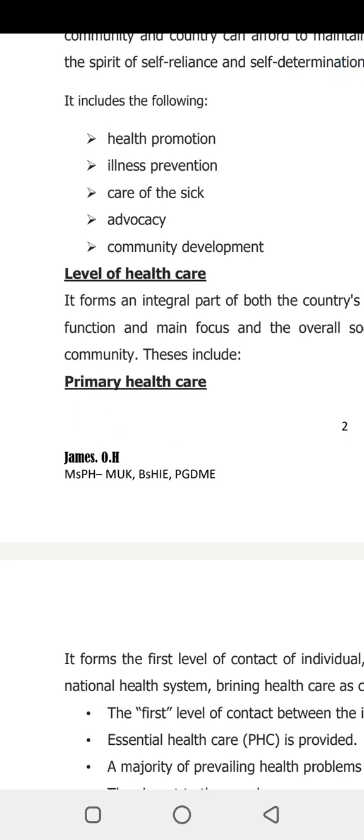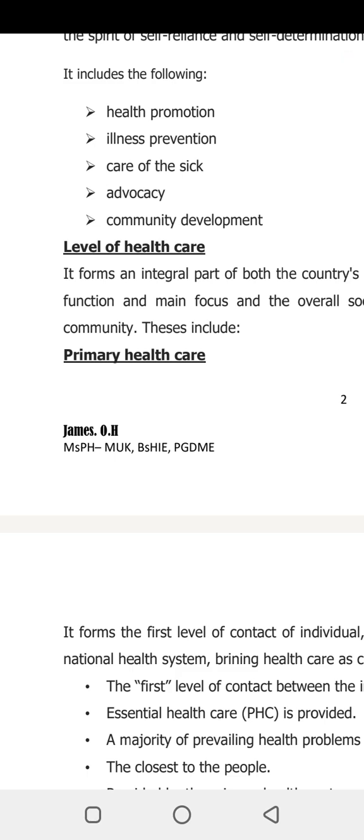Then the last bullet here, we have community participation. Under community participation, we make sure that every person in the community is engaged in the project. You cannot just come from nowhere and start implementing a project without the consent of the community members.